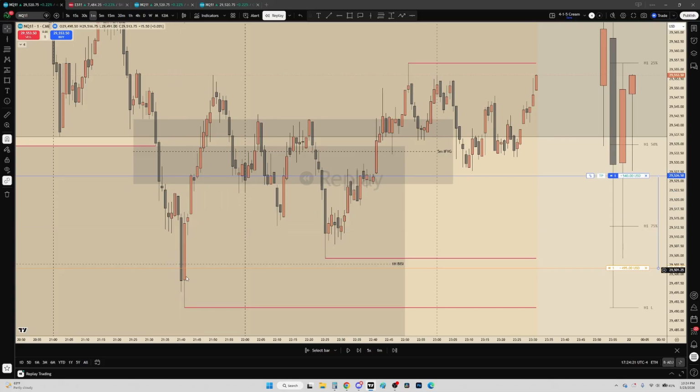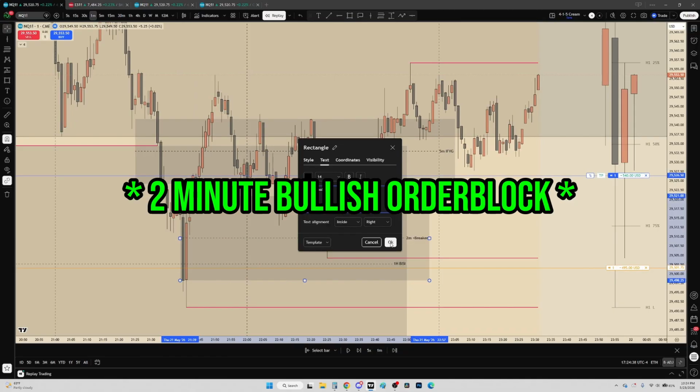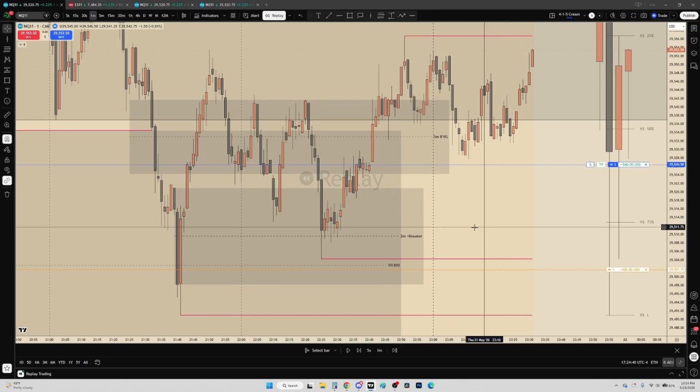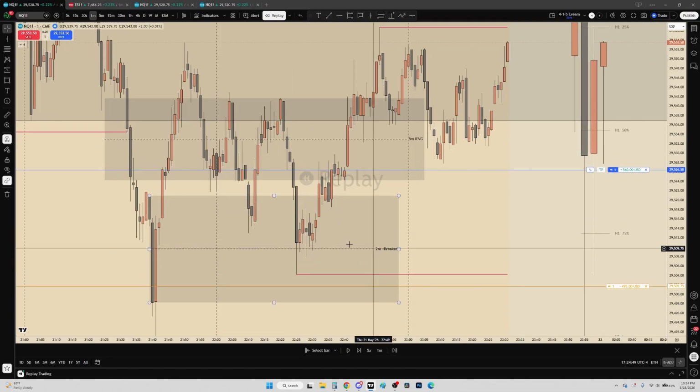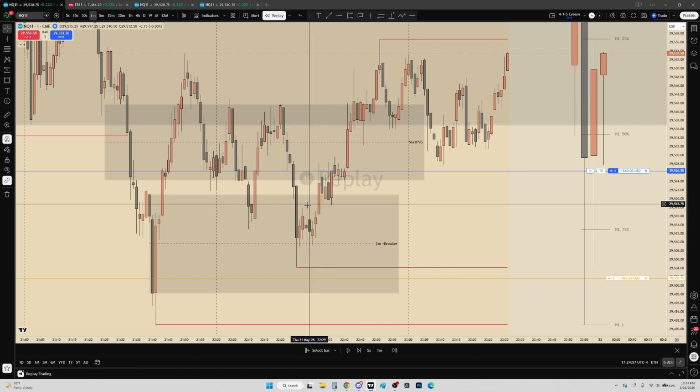Because you have low, high, lower low, higher high, so we pull back onto it. This is a 1 minute chart, so technically this is like a 2 minute bullish breaker block, right? I mean, look at that precision. If you were just looking at that, we whipped down into it, but the candle bodies didn't close below the halfway point of it. So that's clues as to where price is going next.